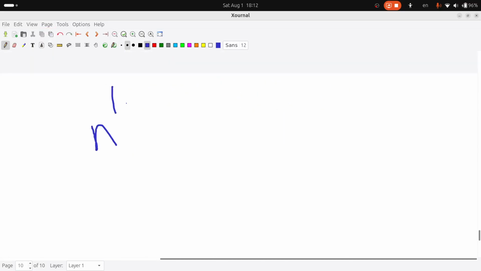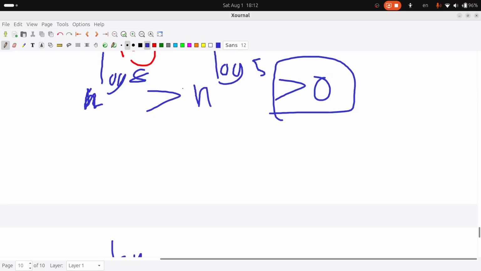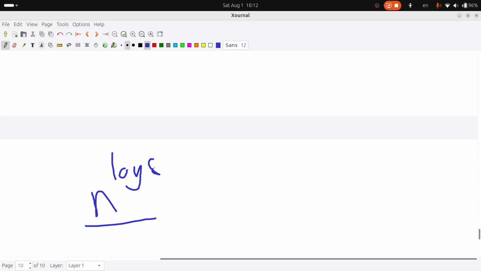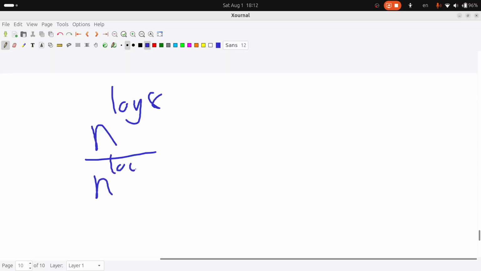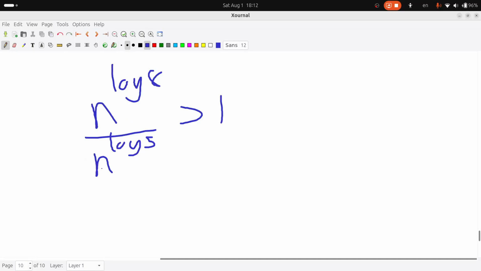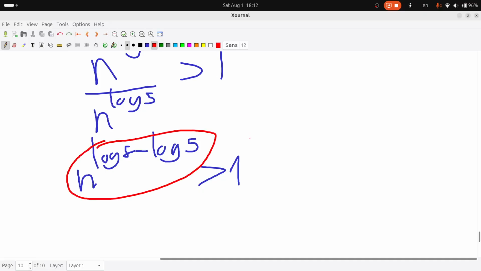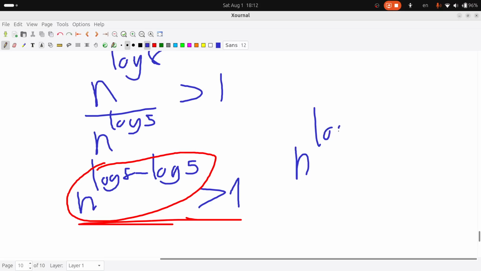What we can do, we can write that log 5 is greater than 1. So this one will be greater than 1. So what about we write it as log n minus log 5 is greater than c.